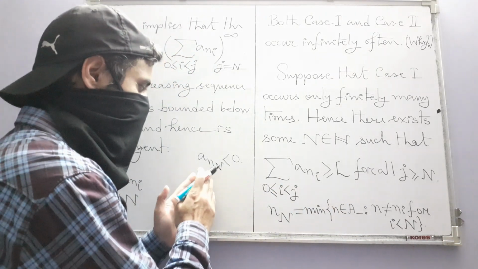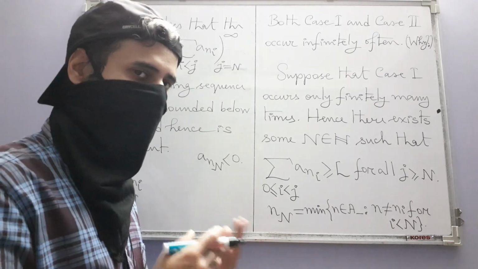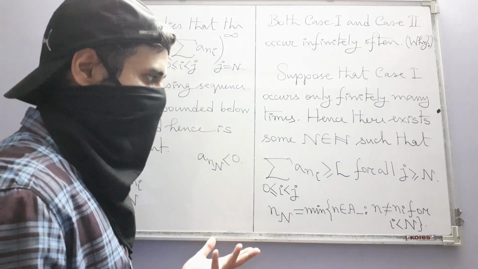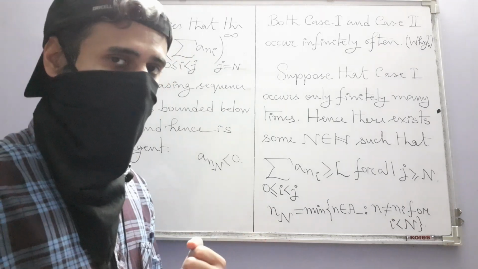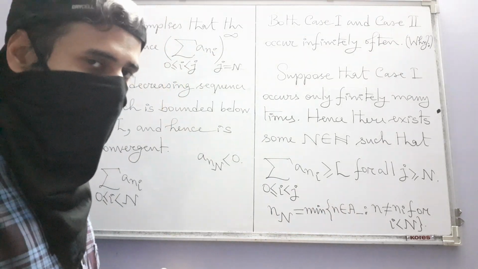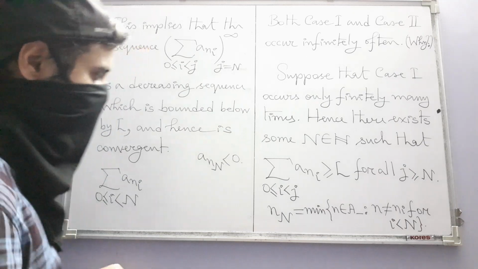A plus is the set of those suffixes for which the corresponding terms in the original series are non-negative real numbers, and A minus is precisely the set of those suffix values for which the corresponding terms are negative real numbers.